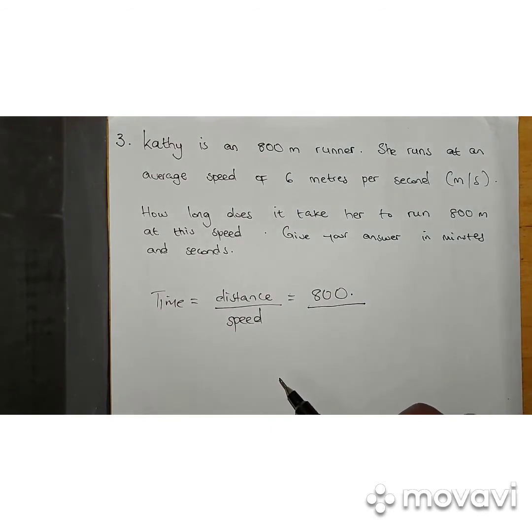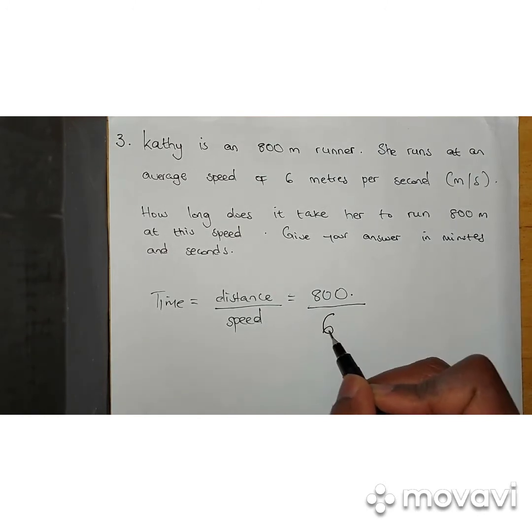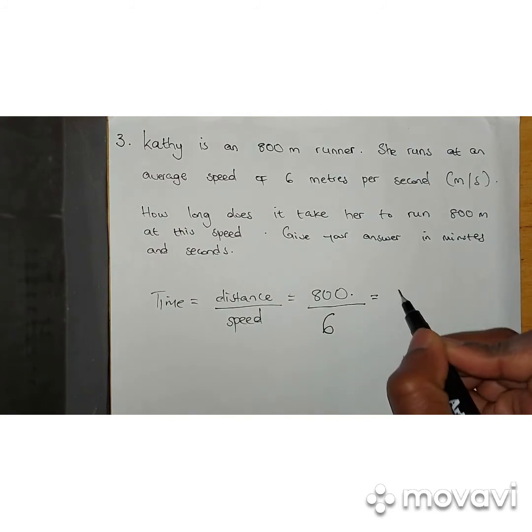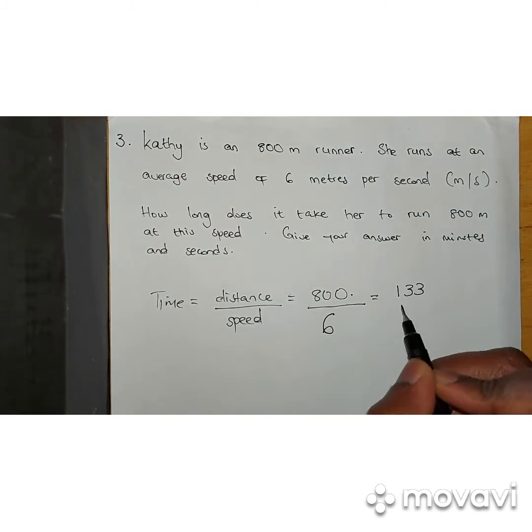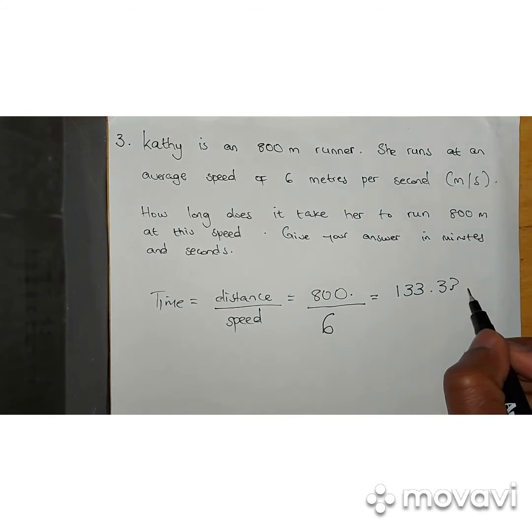Our speed is 6 meters per second. So 800 over 6. You solve this. 6 goes how many times into 800? It goes 133.33 times. This means that it took 133.33 seconds.